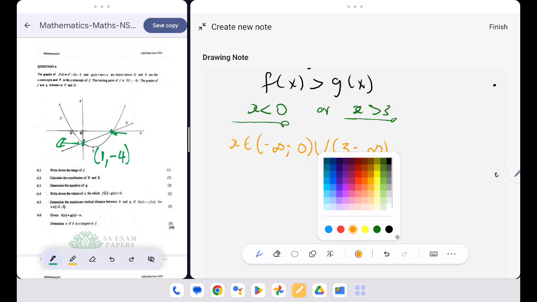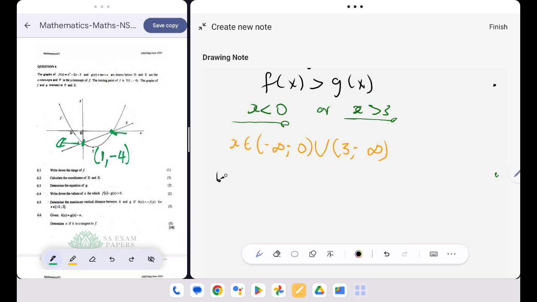And then move to 6.5. I'm asked to determine the vertical distance between H and G, if G is the reflection of F on the x-axis.